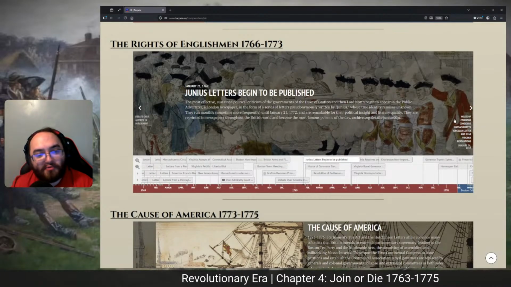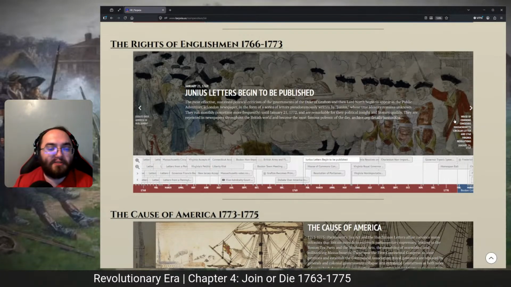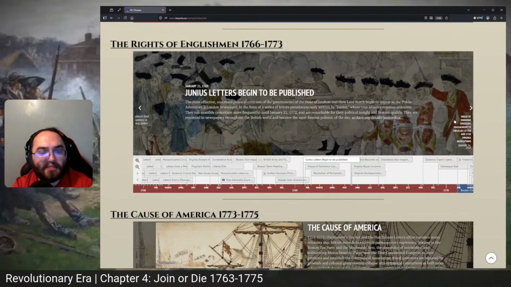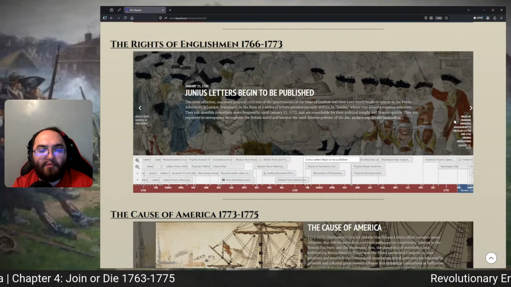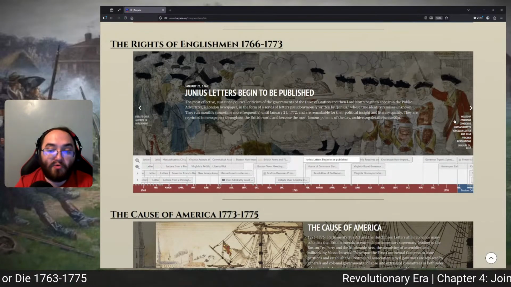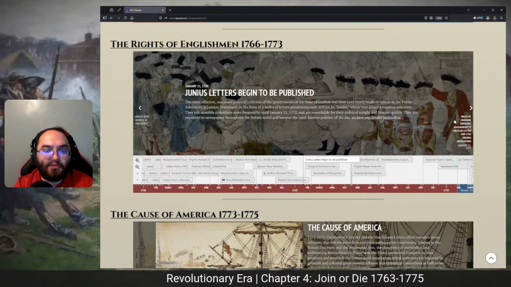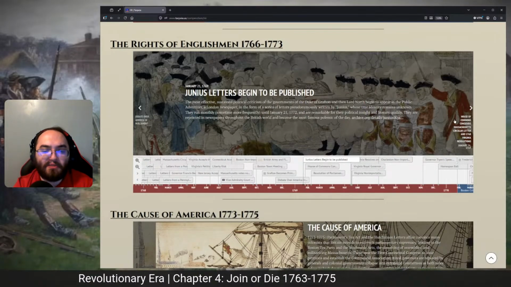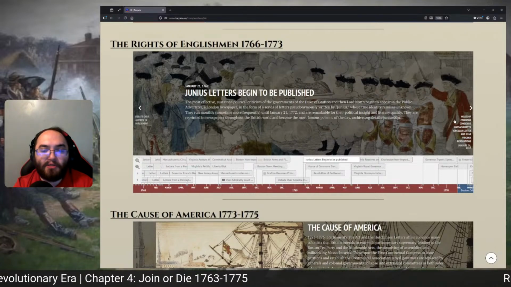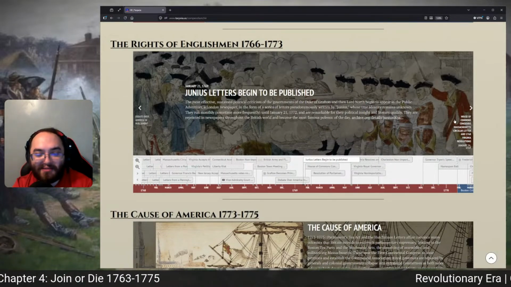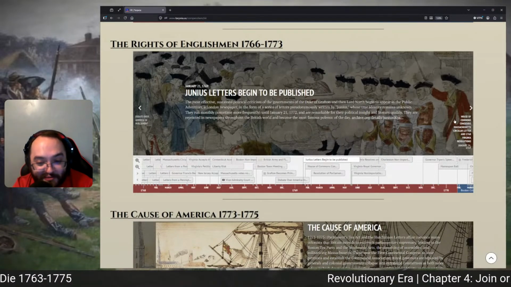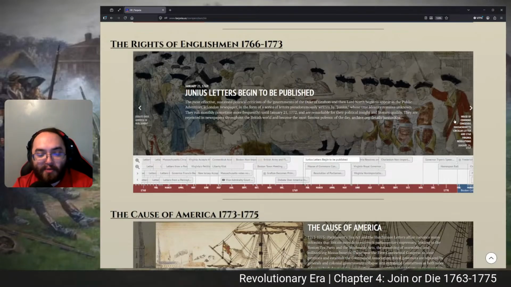The Junius letters begin to be published, the most effective, sustained political criticisms of the governments of the Duke of Grafton and then Lord North. They begin to appear in the Public Advisor, a London newspaper, in the form of a series of letters pseudonymously written by Junius, whose true identity remains unknown.